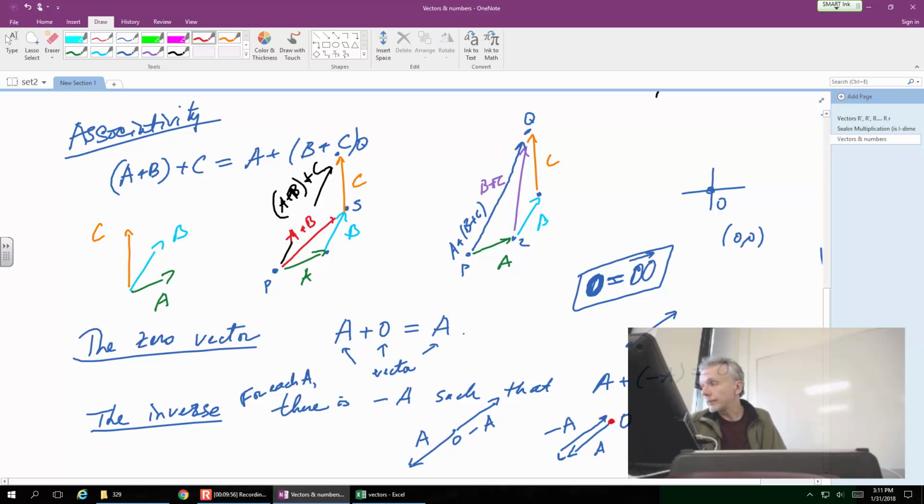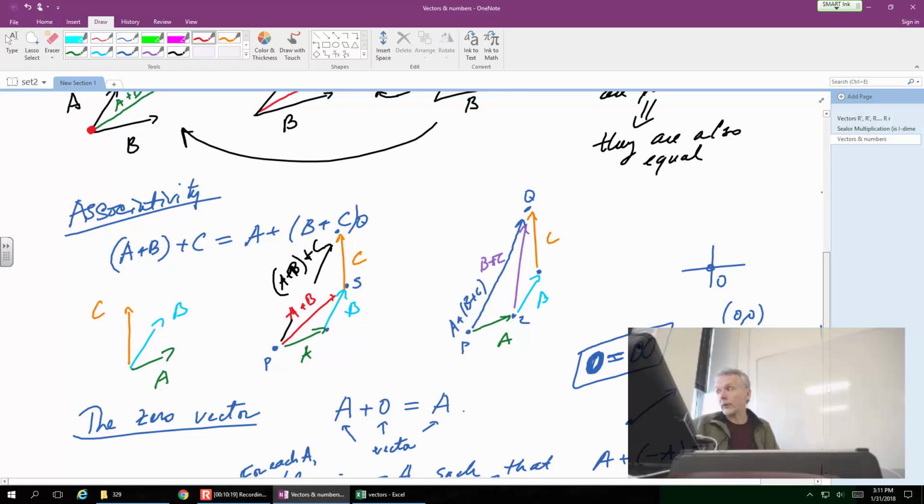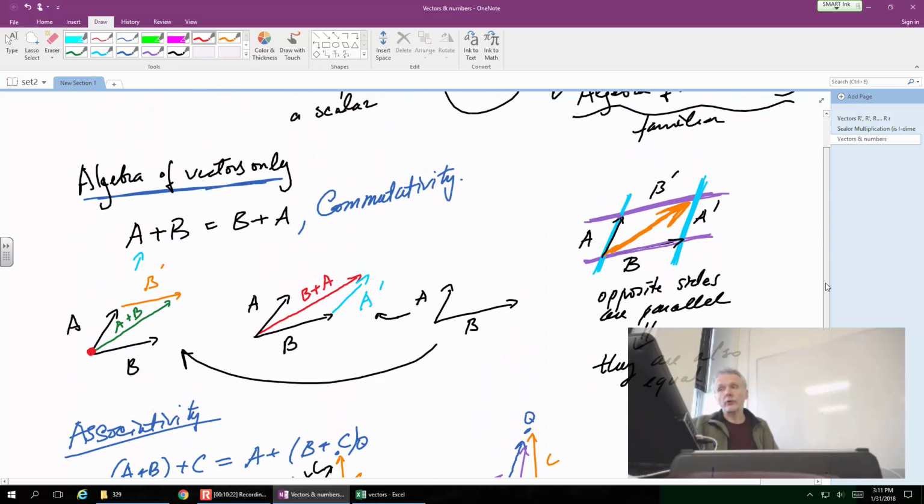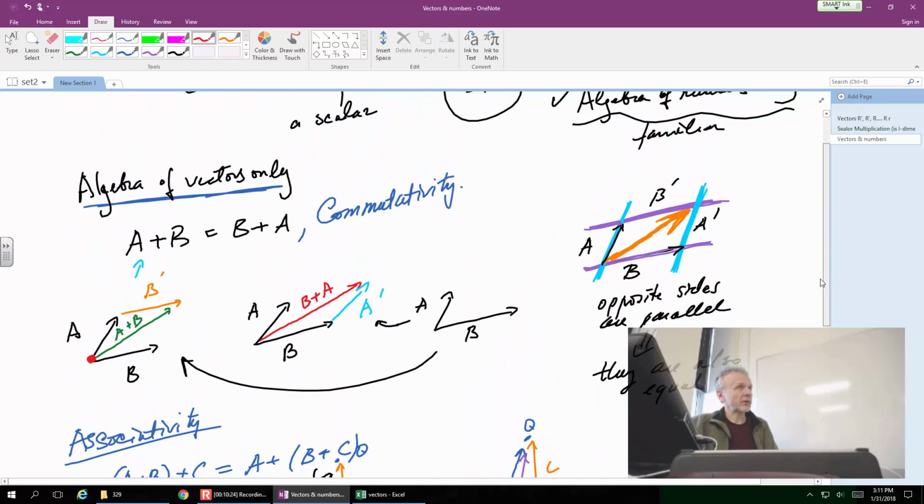Or vice versa. The order doesn't matter, as we know from the commutativity property. Okay, so there are more properties, but I don't want to overwhelm with the number of properties. We already have four: commutativity, associativity, the zero vector and the inverse. Referring exclusively to vector addition and nothing about scalar multiplication.